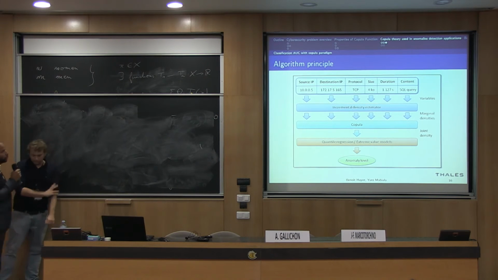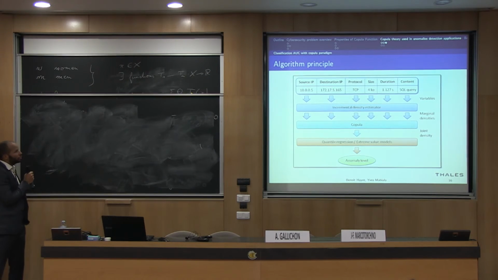Okay, so a few words about the principle of the algorithm. I already talked a bit about that in the introduction. We have an incoming event which can be characterized by up to, I would say, a few hundred variables. Here is a very simplified view. You have the source IP, destination IP, protocol, the size of the event, size of the packet, the duration, and something that can characterize the nature of the event, eventually the service.